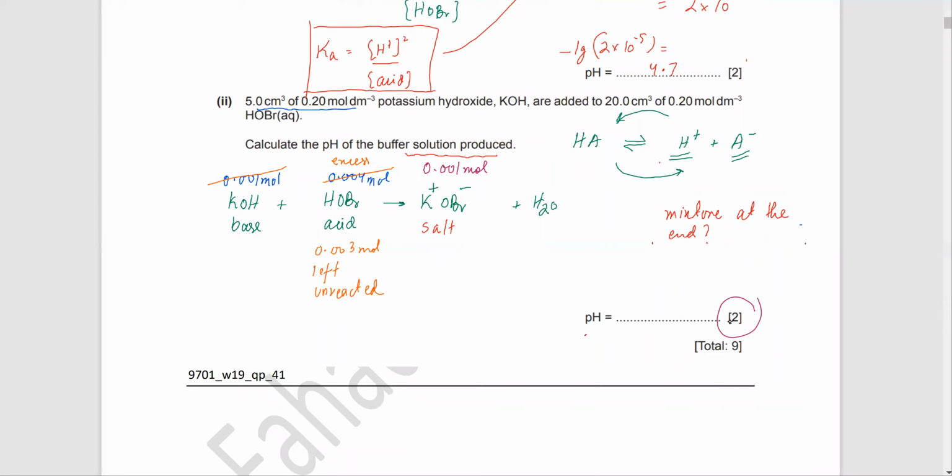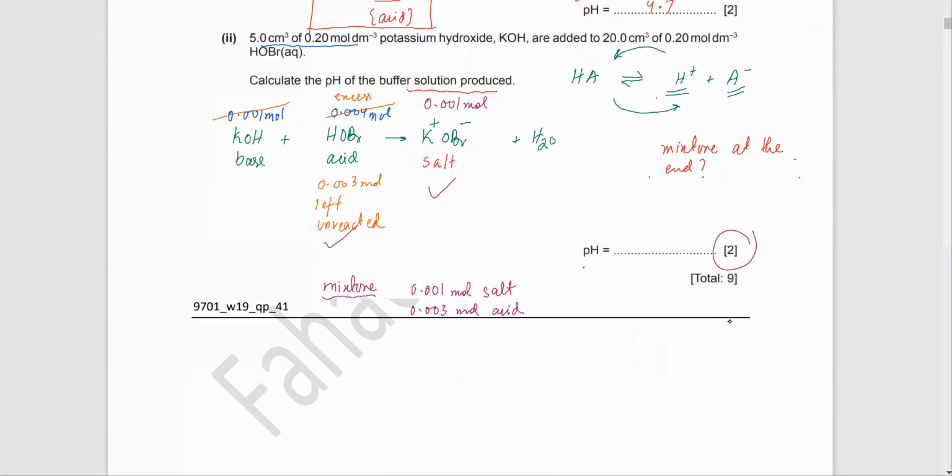At the end of the day, what's the mixture? The final mixture. Now we can find pH if we know what the mixture is at the end. So the mixture at the end is you have 0.001 moles of the salt, and the other thing that you have is the unreacted acid, 0.003 moles of acid.